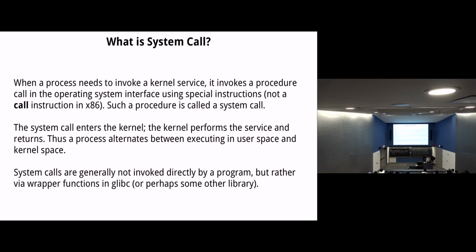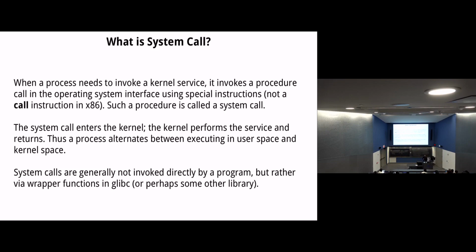When a system call happens, the application calls a system call, then the CPU transitions into privileged mode, the kernel starts running, does a lot of services, then returns to the application. So in some sense, the kernel is doing something on behalf of the process, okay?